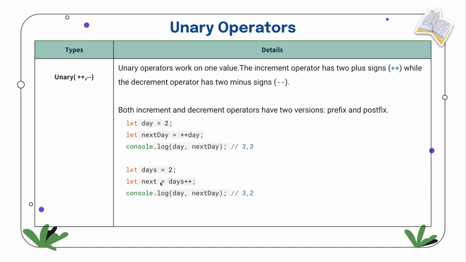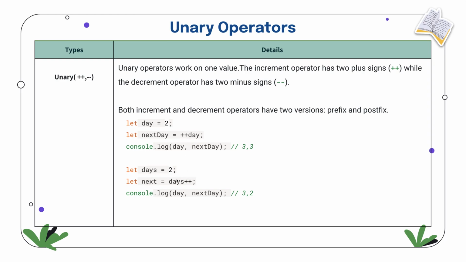Next, the post increment. Let days equal to 2, and let next equal to days plus plus. This time we are writing the operator at the end. First days value is assigned to next, so 2 is assigned to next, and then days will increment.